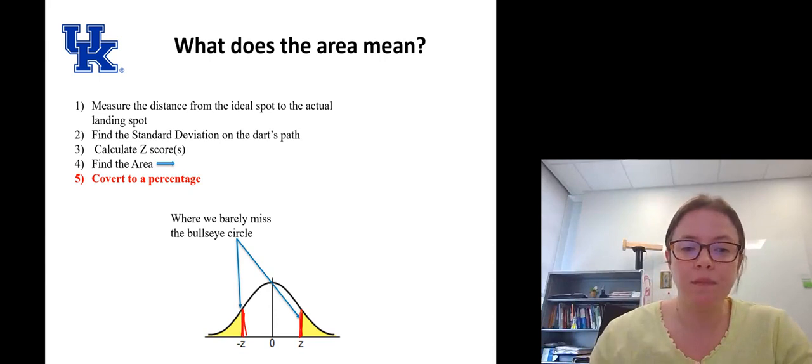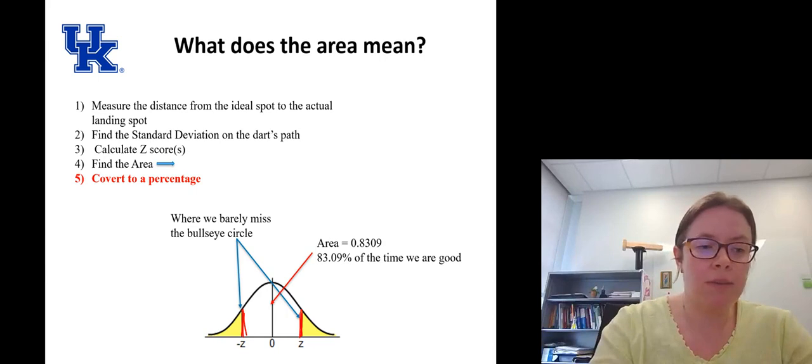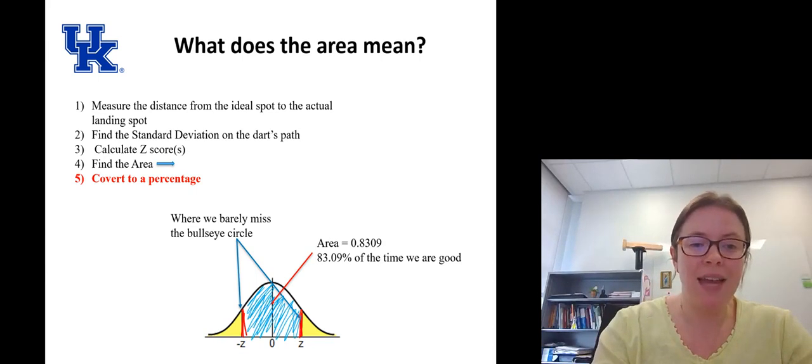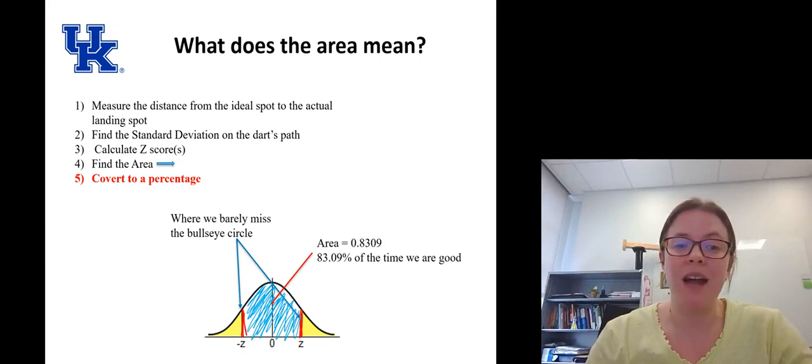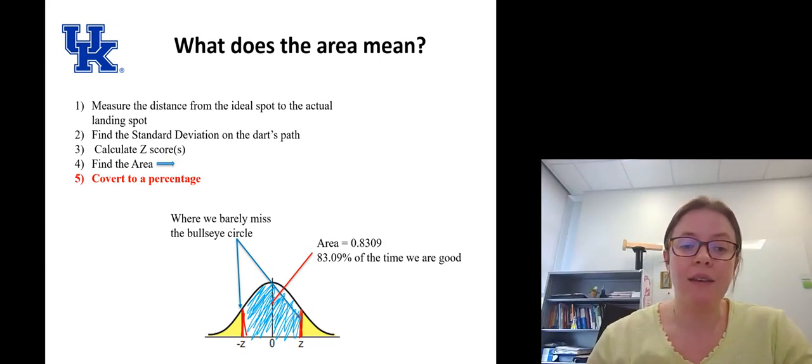So we just barely miss if we hit it on that line. This area here in the middle is equal to 0.8309. And basically that means 83.09% of the time we're good. Our dart hits the area of the bullseye.